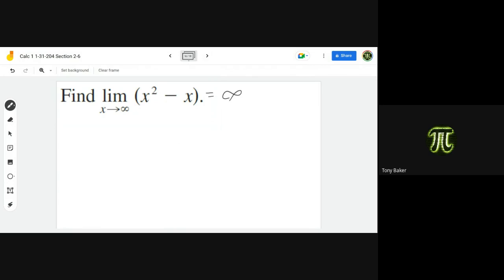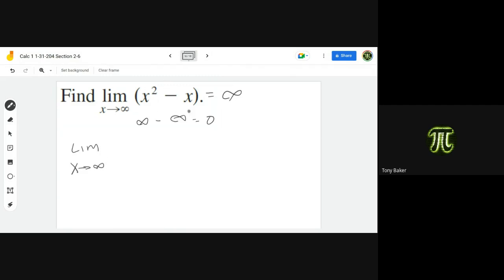If we were looking at this and thinking about, oh, let's plug in infinity, like we tried back in one of the other problems, you'd have infinity minus infinity, which equals 0. But it's still infinity.